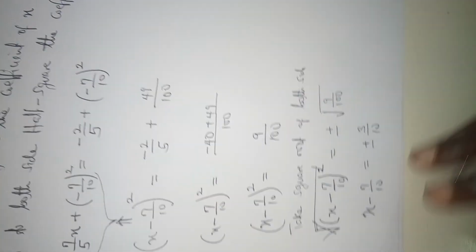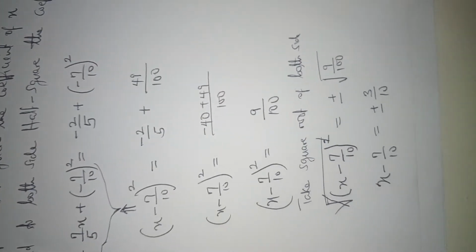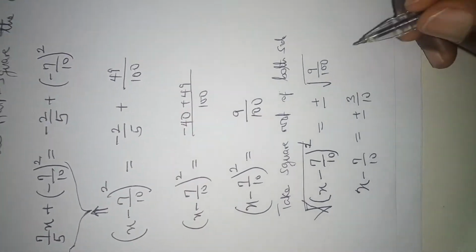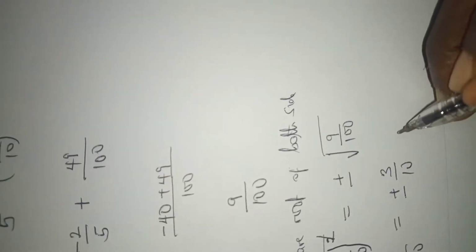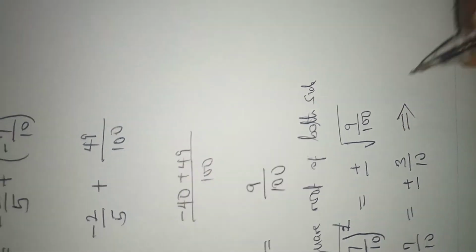So you collect the like terms. This implies x equals plus or minus 3 over 10 plus 7 over 10.